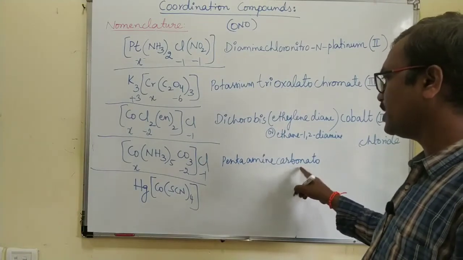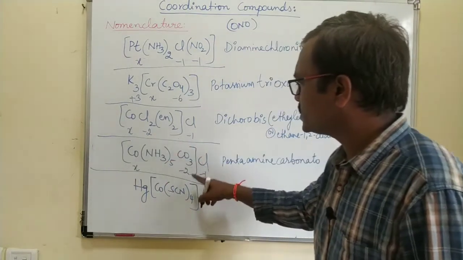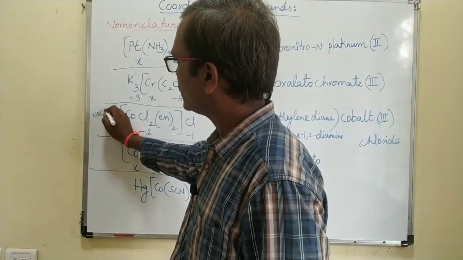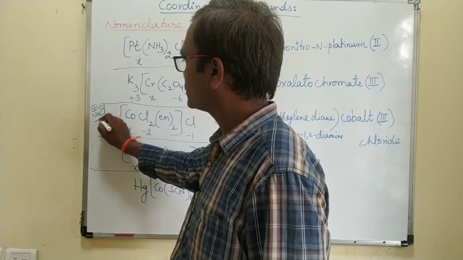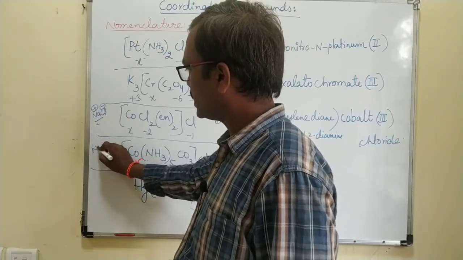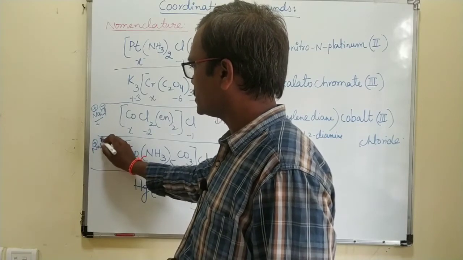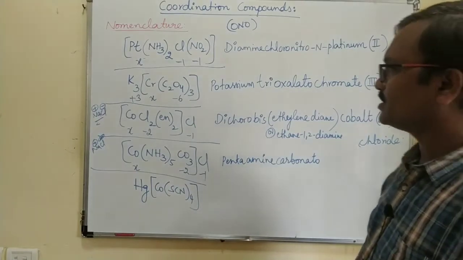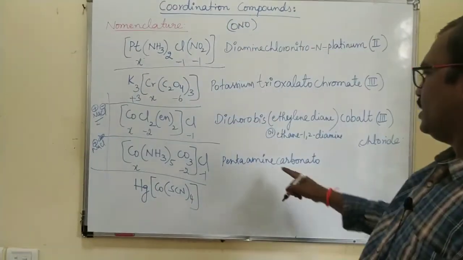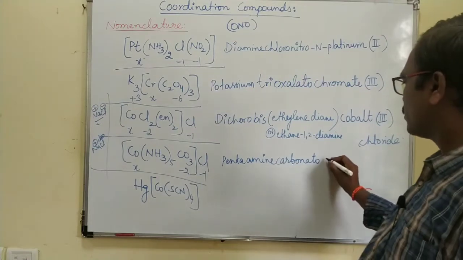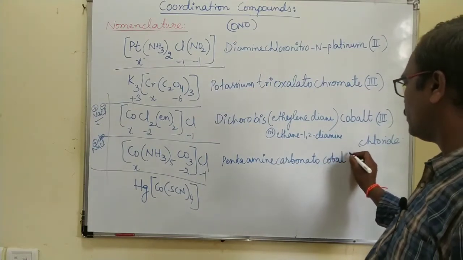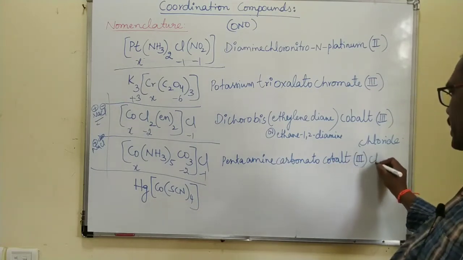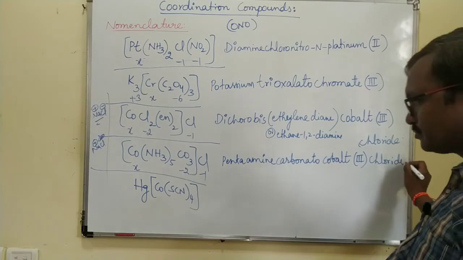This is just like NaCl, Na plus Cl minus. The complex has the positive charge, Cl minus is the negative charge. So pentaamine carbonato cobalt 3 chloride.